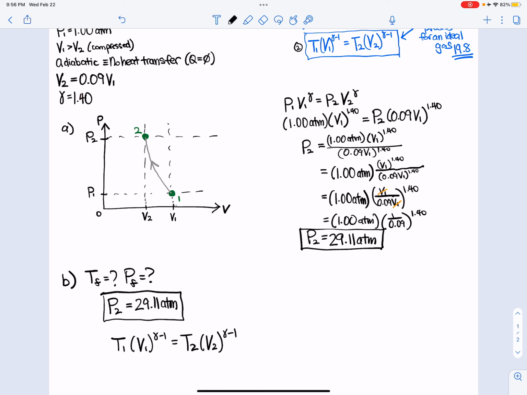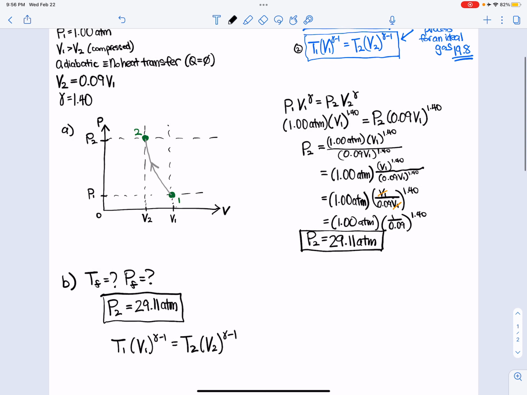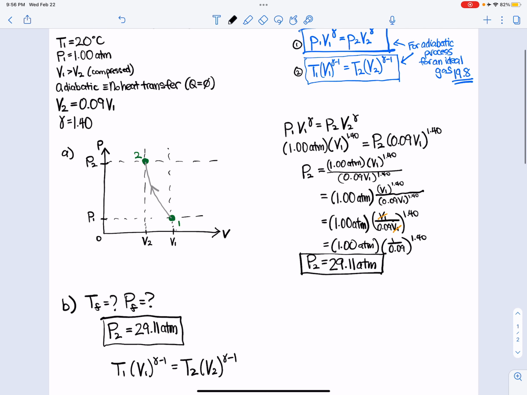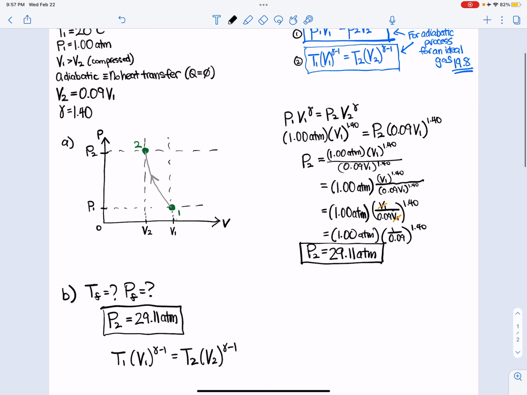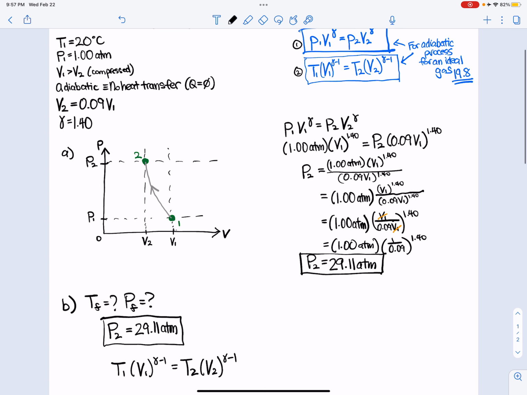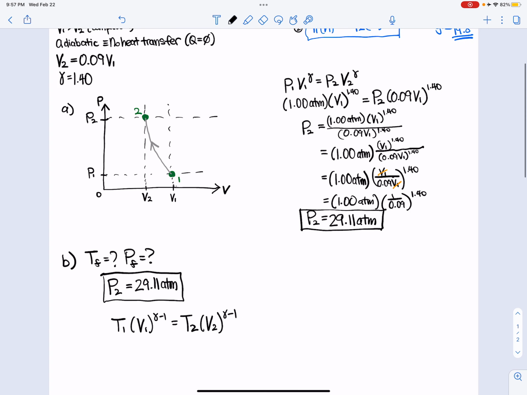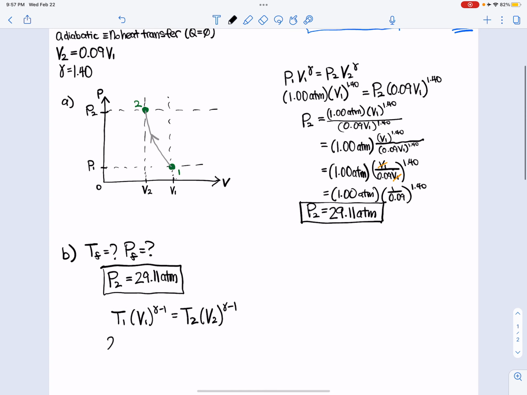All right, let's plug in our knowns, the things we know. We know initial temperature is 20 degrees Celsius. However, to use it for this equation, I need to convert it to Kelvin. So I'm going to add 273. So in Kelvin, that's 293 Kelvin, right? Okay, so I have 293 Kelvin as my initial temperature times my initial volume.